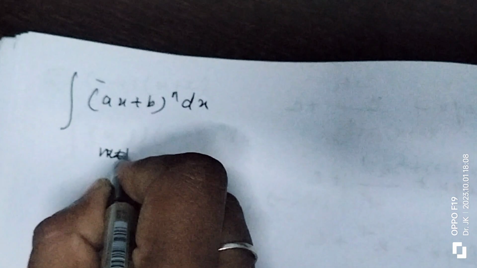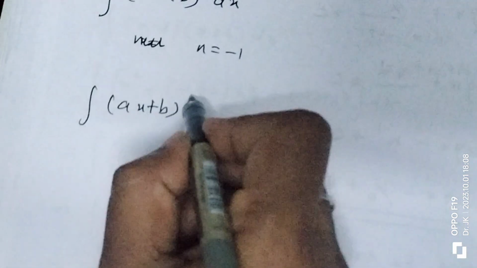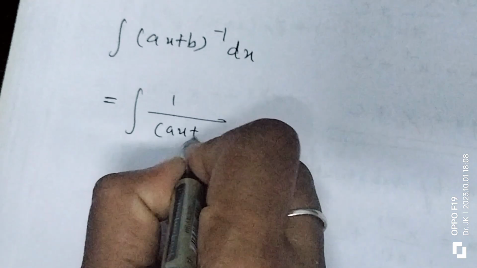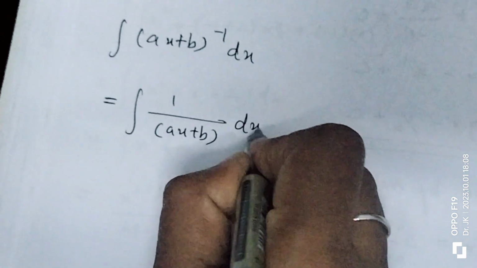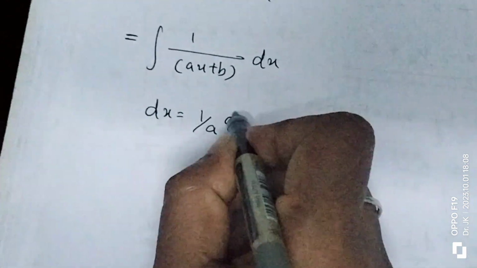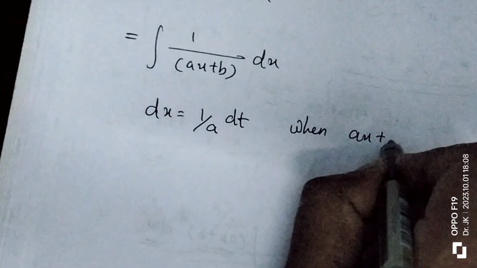If n is equal to minus 1, that will be (ax plus b) whole power minus 1 into dx, so we can write it as 1 by (ax plus b) into dx. We already proved that dx is equal to 1 by a into dt when ax plus b is equal to t.